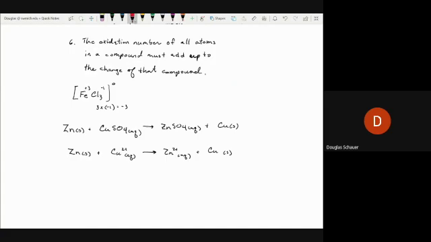Okay, so we can see we have 2 different half reactions that we can focus on. We have the zinc going to zinc 2 plus, and then we have the copper 2 plus going to the copper metal.